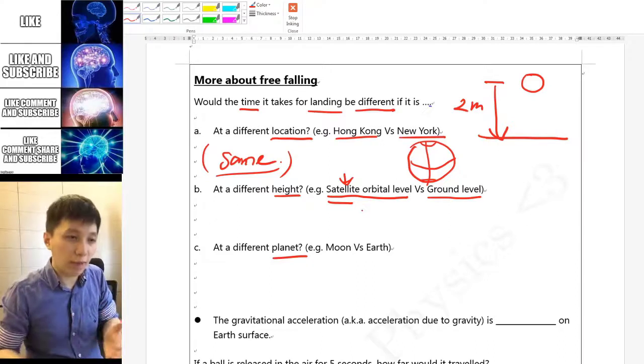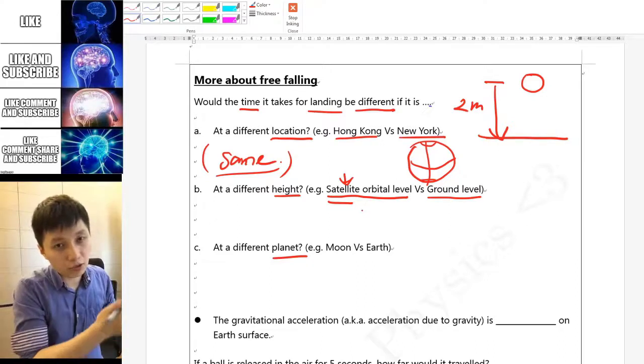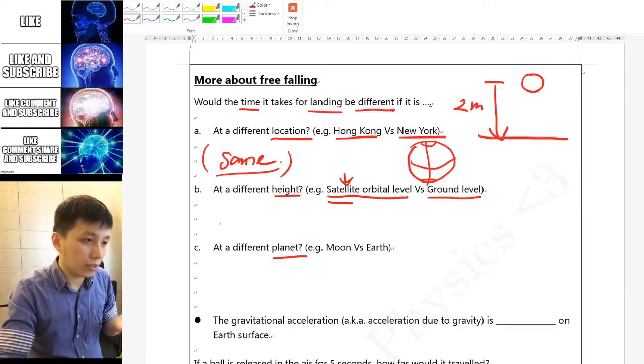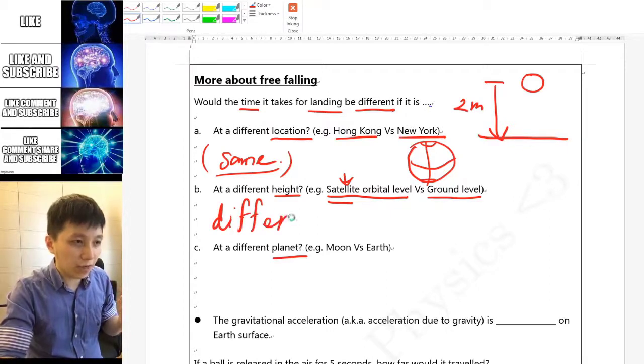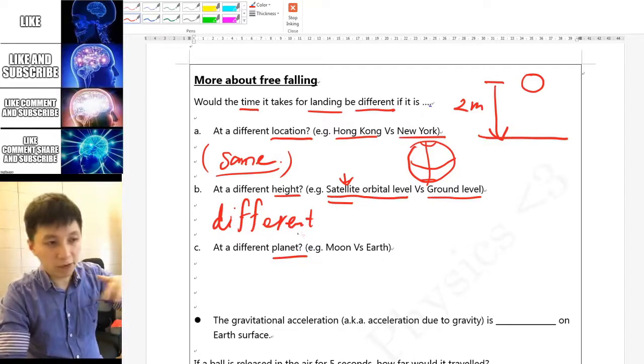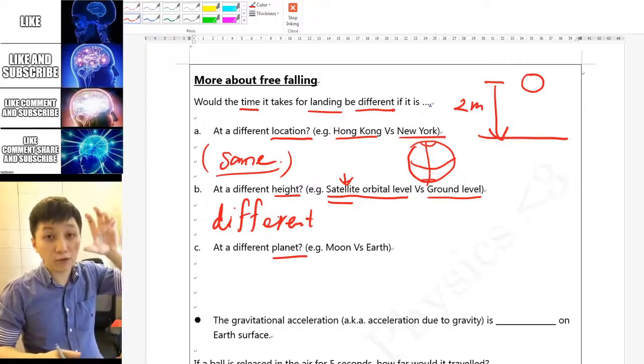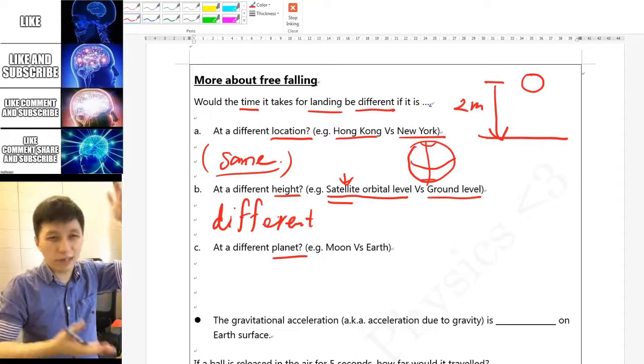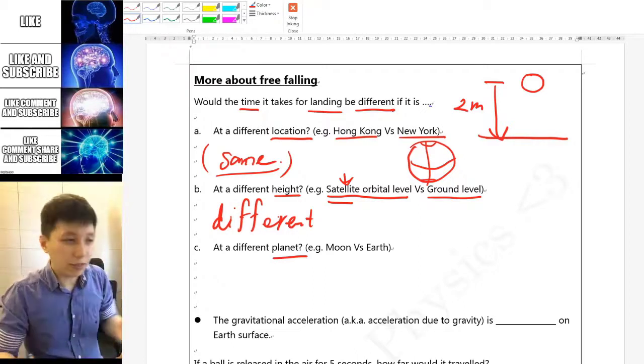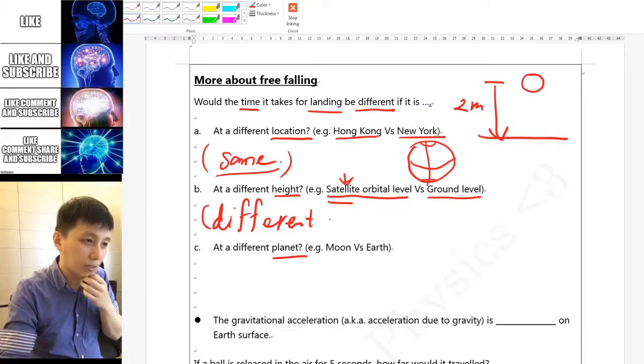However, as you could imagine, it's much, much weaker. So the time, of course, will be different. I'm not saying that because of their height to land on the surface of the Earth. It's just talking about maybe passing through 2 meters or 10 meters or even 1 km, it will be different. So the answer will be different.